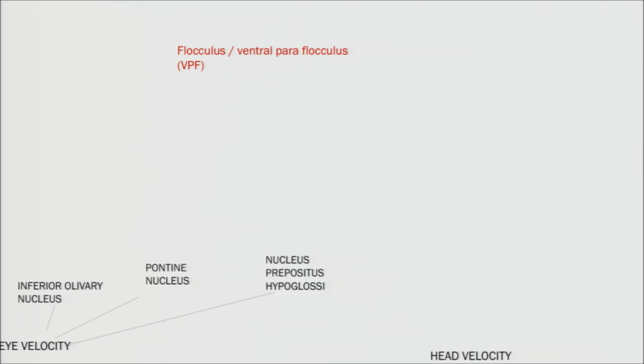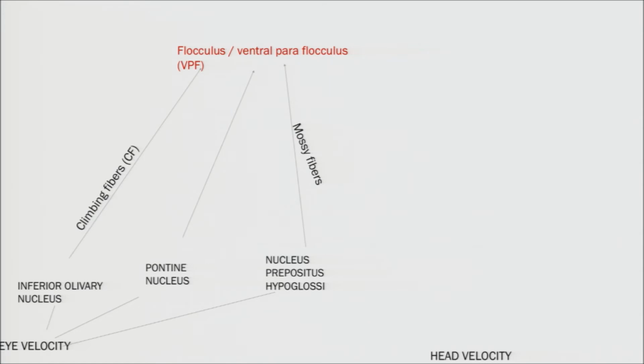Now, for the signals to reach the flocculus or the ventral paraflocculus, these are the two sites, the eye velocity signal and the head velocity signal have to reach it. Only then can learning happen. So how does it reach? Like I said, there are three nuclei here: inferior olive, pontine nuclei, nucleus prepositus hypoglossi. From here, there are fibers going up.